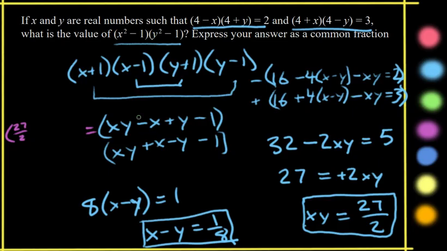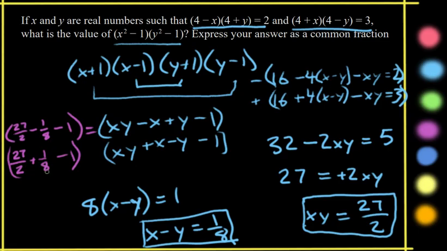This is the same thing as subtracting x minus y. Right, so x minus y is 1/8, so this is minus 1/8, and then minus 1. Okay, great. And then the other one is 27 halves plus x minus y, so that's plus 1/8, and then minus 1. Okay, great. So we just need to figure out what this is.